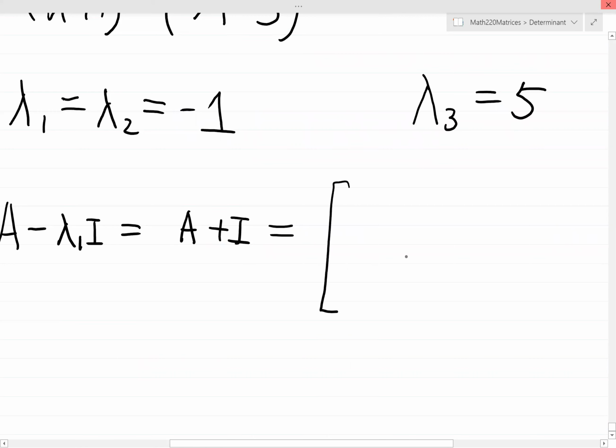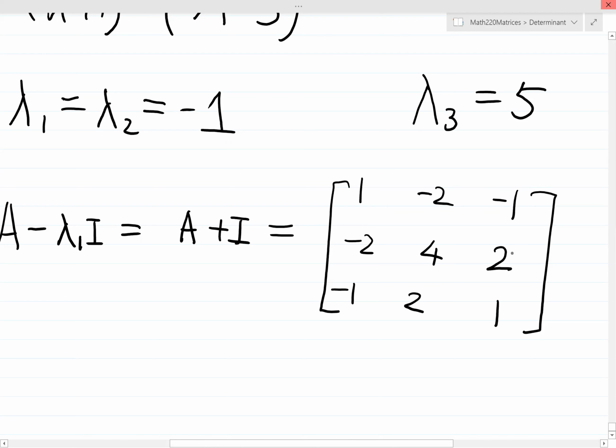So for A plus I, we already have A, so let's just add 1 to the diagonal. You can believe me here. It's negative 1, negative 2, negative 1, 2. Now on the diagonal, we add 1, and then here this is 2.